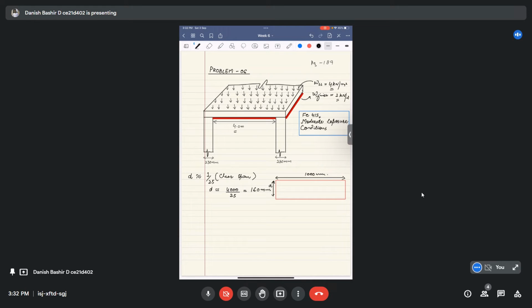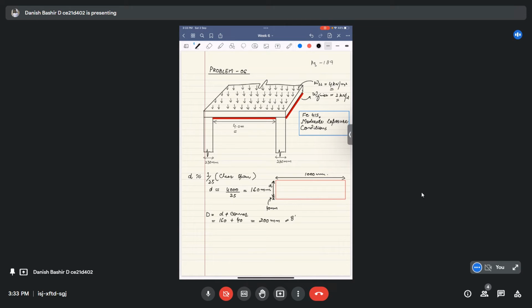Let's assume the cover for the time being to be 40 mm. So our gross depth D is d plus cover, which is 160 plus 40 mm. It gives me 200 mm gross depth of our slab. So we have approximately an 8-inch thick slab system, overall or gross depth.